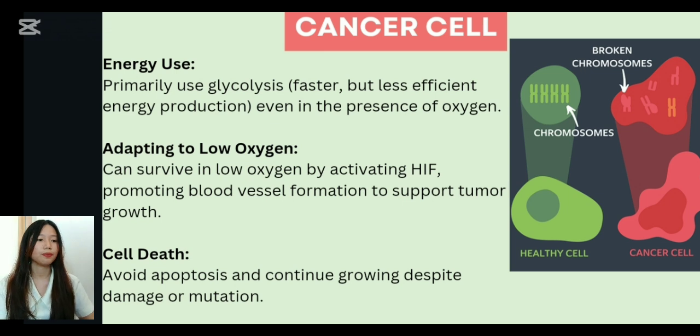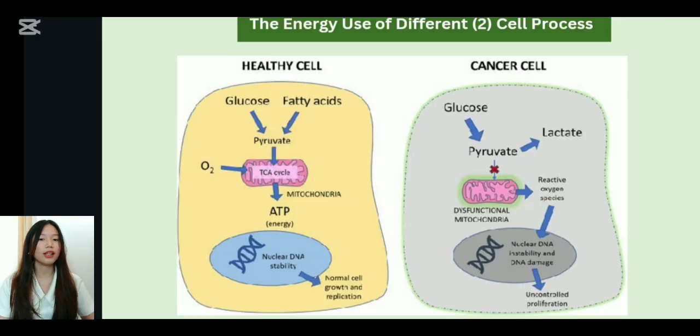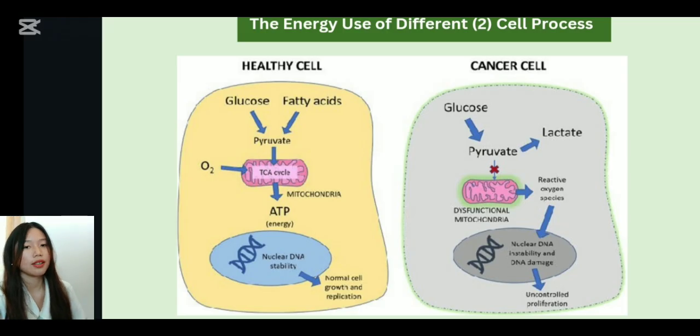So here is the illustration of normal cells and cancer cells. So it plays a crucial role in energy production through a process called oxidative phosphorylation. So ayun yung nag-undergo ang normal cells sa oxidative phosphorylation.